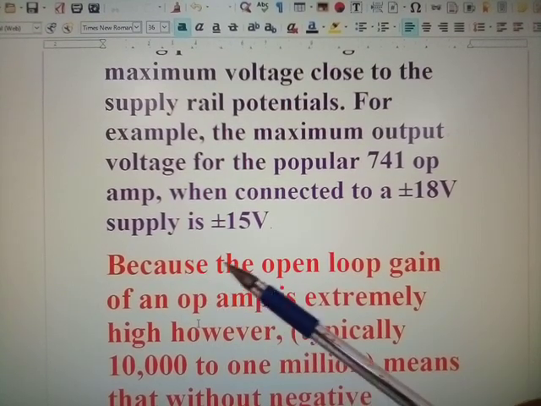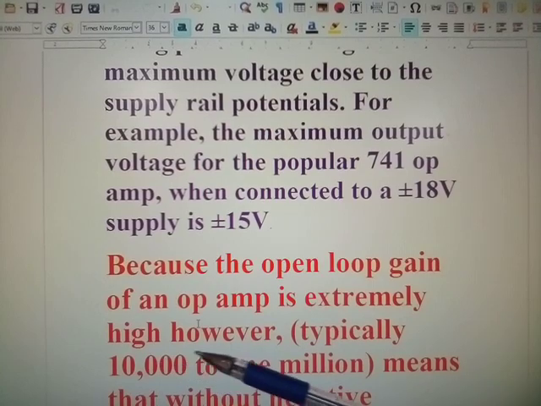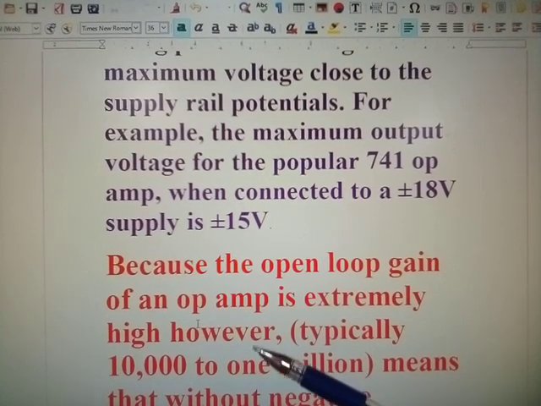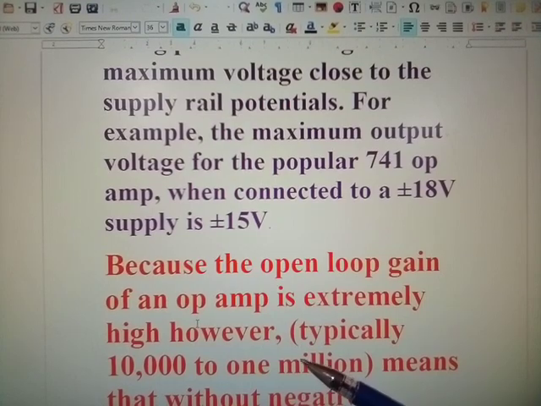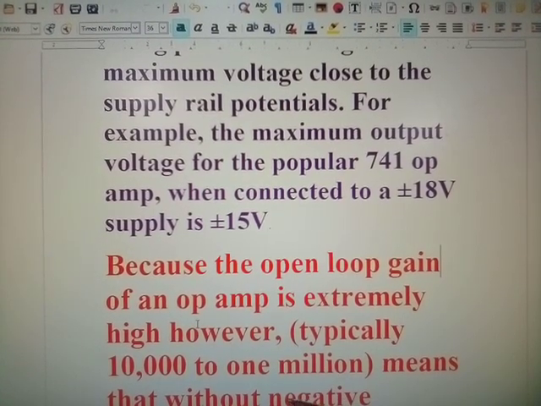Now, the open loop gain of an op amp is extremely high, typically 10,000 to 1 million. Please note this is just a point of reference only. It can be greater than that in some cases or less than that in some cases, so keep that in mind. It is not fixed.